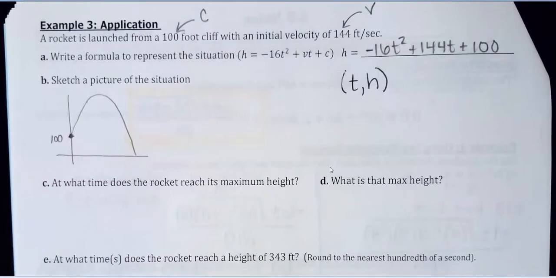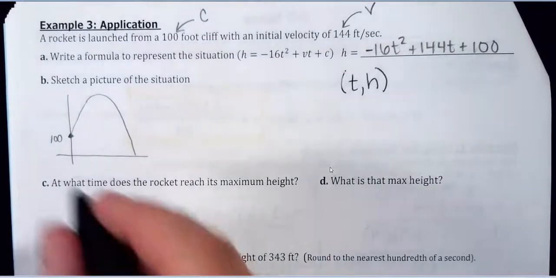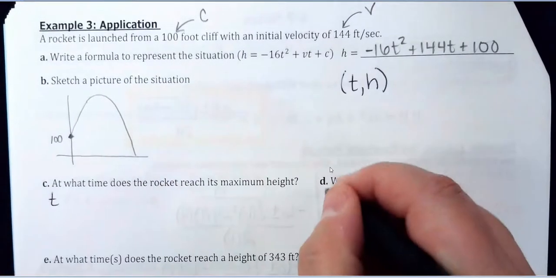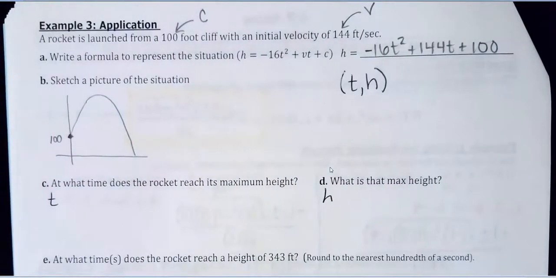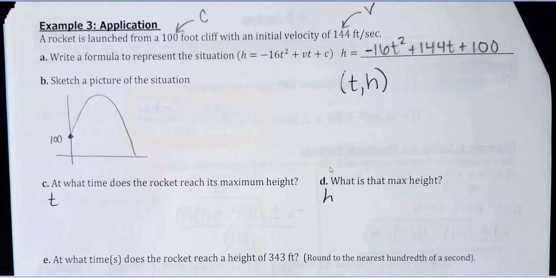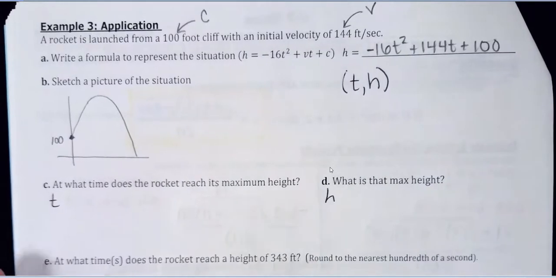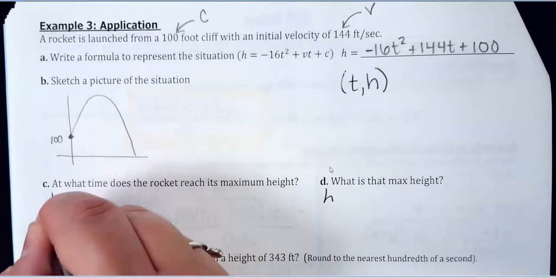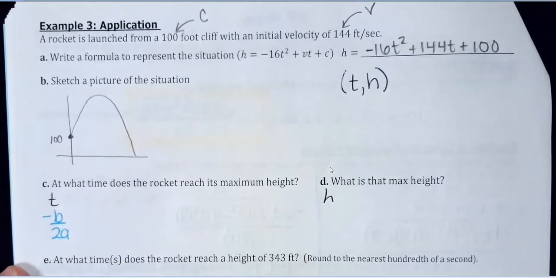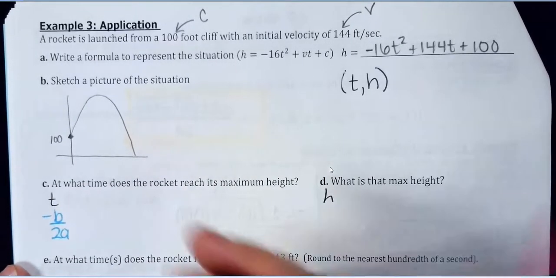Okay, so all I've got going on for C and D, this is the time, and this is the height, but they'll go together. How do I figure out the time? Does anybody remember? There's like a little tiny formula. Yes, yes, yes. Okay, this is just negative b over 2a. All right, now, for our problem, b is 144.